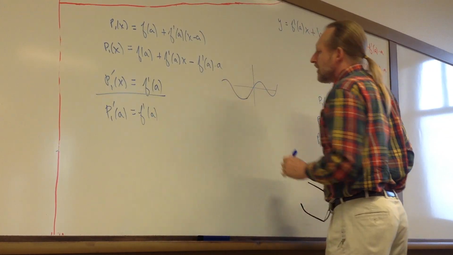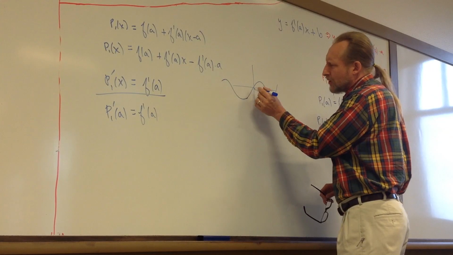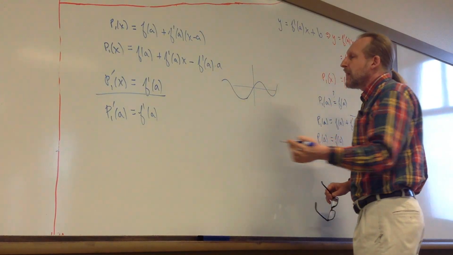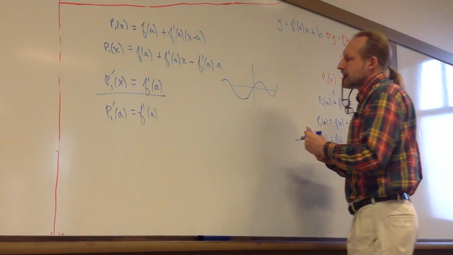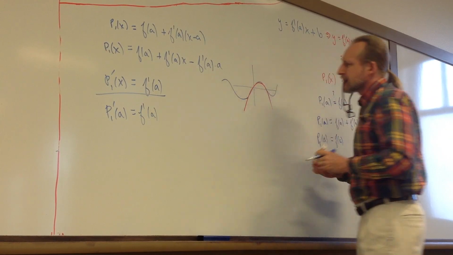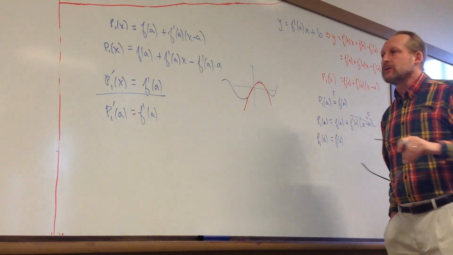If you've got a linear function cutting through here, it'll be a good approximation for this area in here. But if you want a better approximation, you could use a quadratic, which might do something like this. And then it would give you a better approximation for more values.